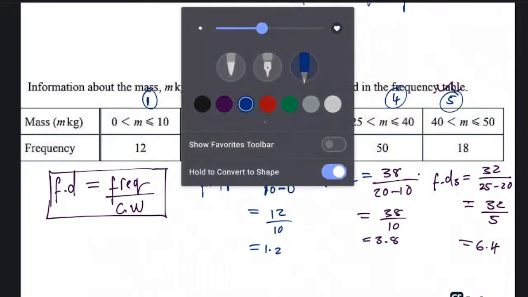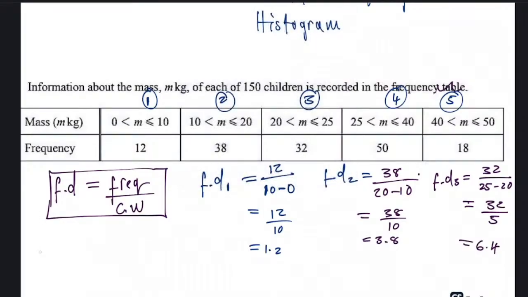Now let's do the last two. Frequency density for the fourth one is the frequency, which is 50, divided by class width, which is 40 minus 25. What is 40 minus 25? That's 15.